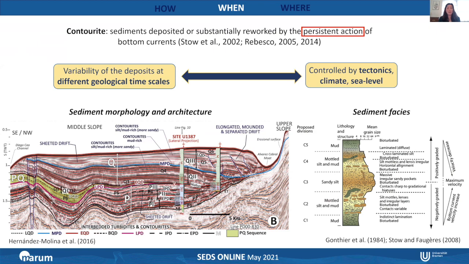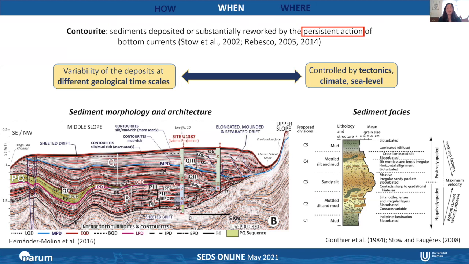For example, here you can see one contourite drift from the Gulf of Cadiz in the southwestern Iberian margin. This drift started to form in the Pliocene and is being formed until now. And this shows that the oceanic circulation was established at that time, and then the circulation continued to be active. And that's why we tend to refer to this persistent action of bottom currents.